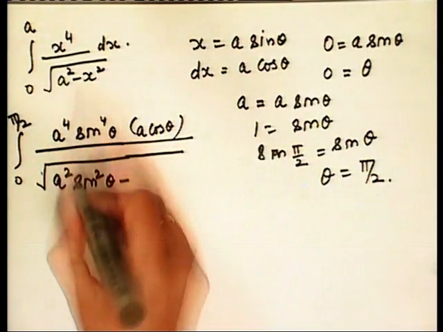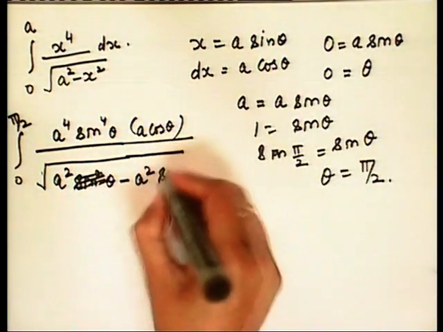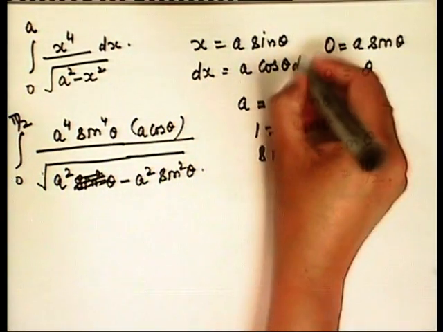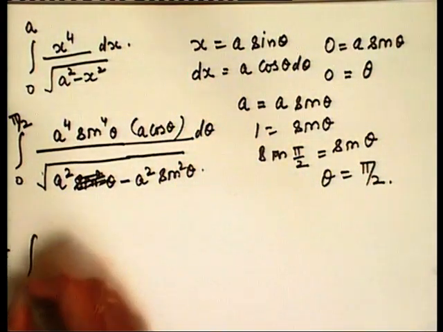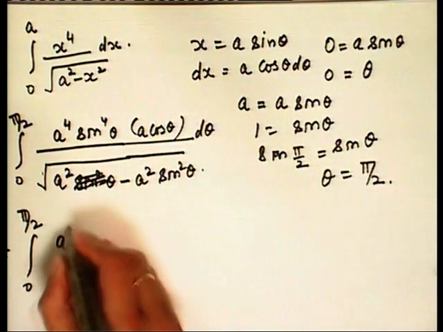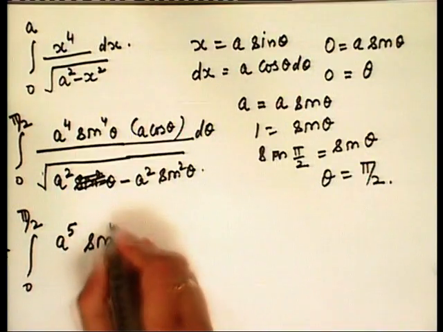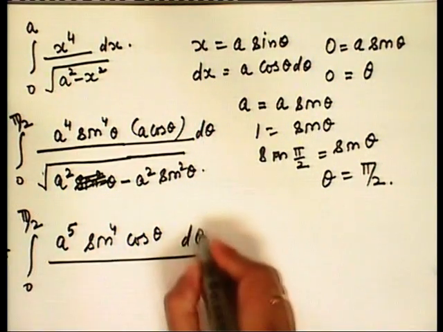So we get a raised to power 5 sine 4 theta cos theta d theta.